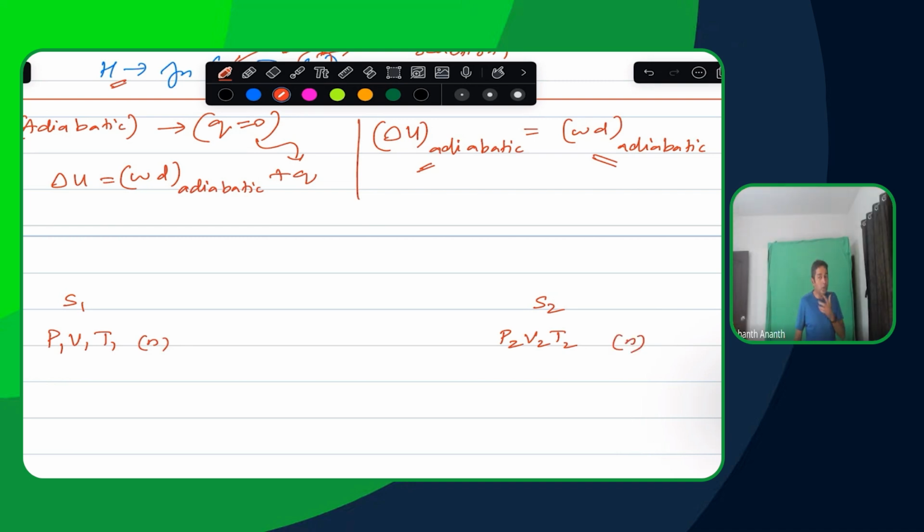Now, I want to find out work done adiabatic. Let's assume it's reversible. Reversible also works, but reversible or irreversible, let's first not make the question up. We'll keep it open. So, what is going to be the easiest way to calculate my work done here?